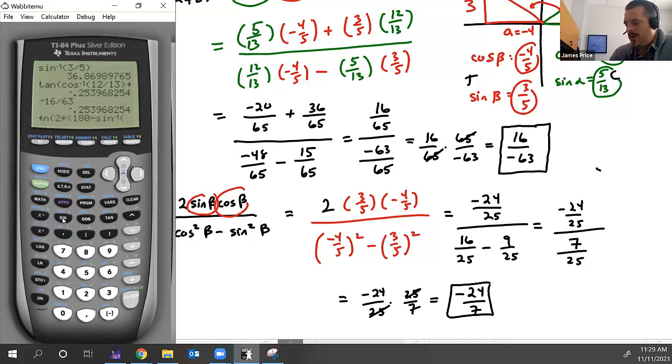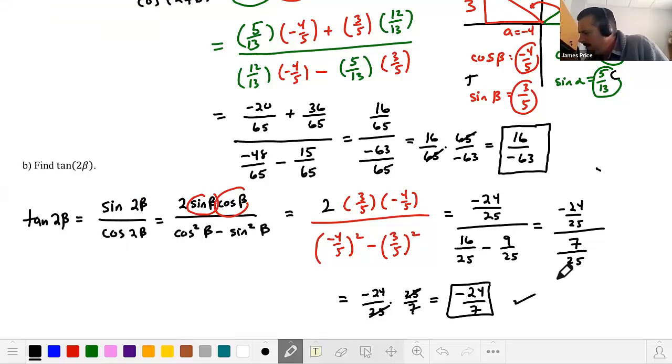This is just me checking my work of 3 over 5. In parentheses, hit enter. I get out this crazy number here. I'm like, is that negative 24 over 7? Let's see, negative 24 divided by 7, and boom. It is. All right, so we're good to go.